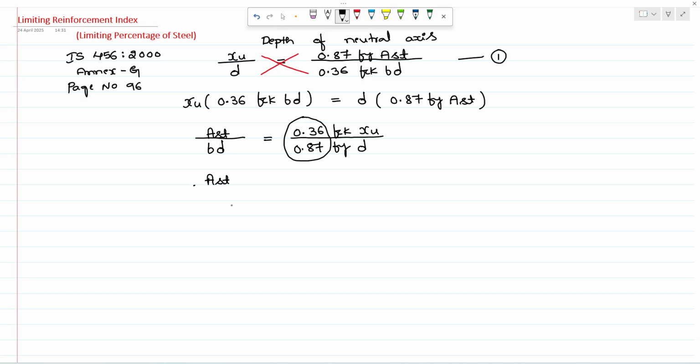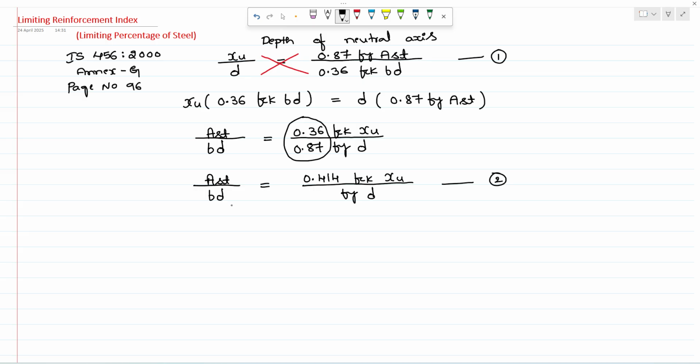So Ast divided by bd equals 0.414 fck Xu divided by fy into d. Call this as equation number 2.